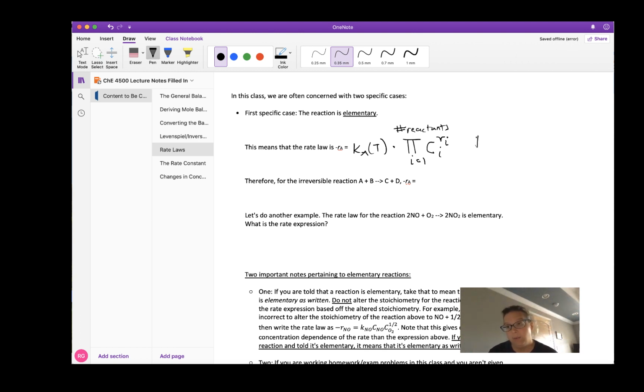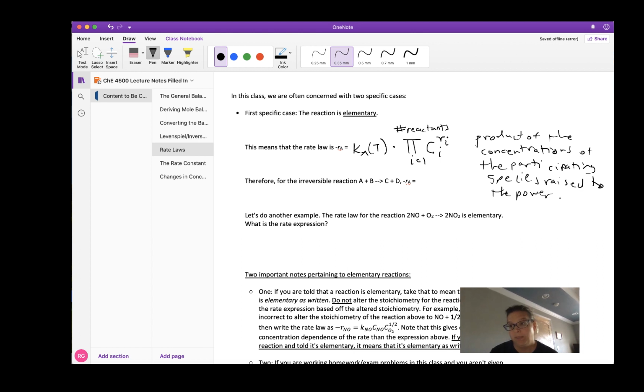So basically, this is a product of the concentrations of the participating species raised to the power of their stoichiometric coefficient.